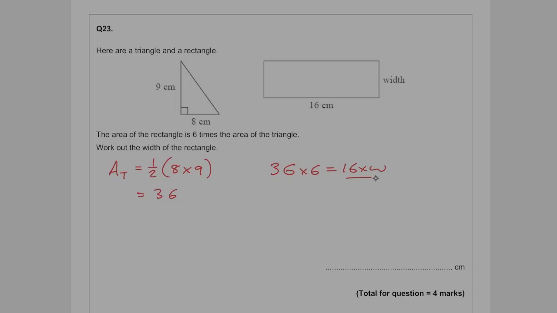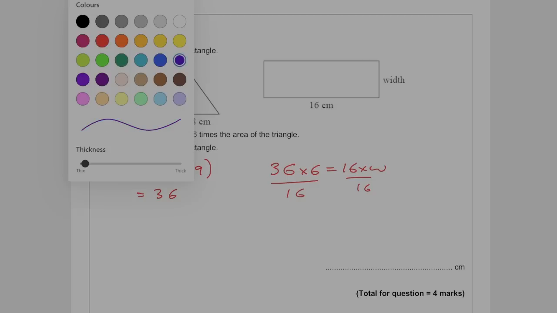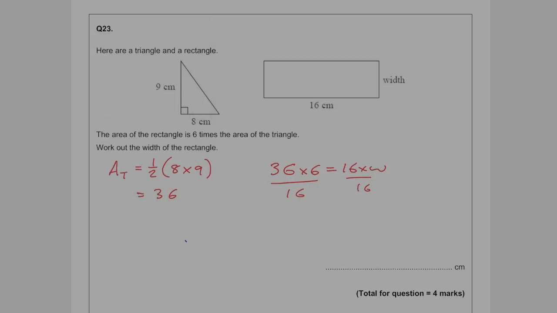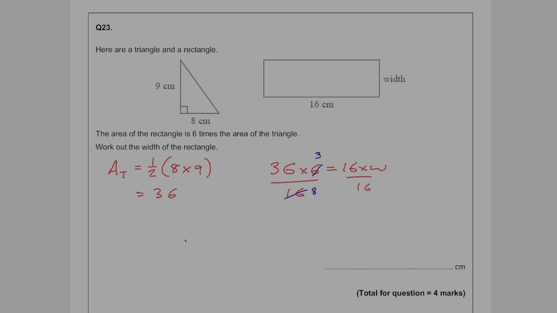I'm going to divide both sides by 16. And then I'm going to do a bit of simplifying. So 16, I'm going to cancel down. Let's do this by 2 first of all. So that would be 3 and 8. And then we can do 36 and 8. Well, we can go by 4.